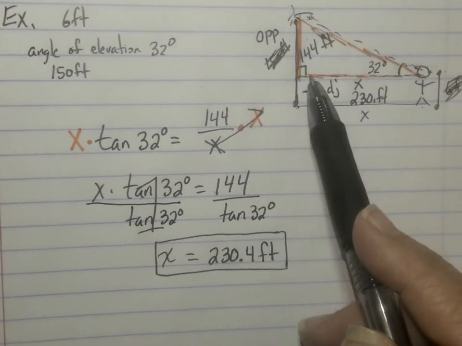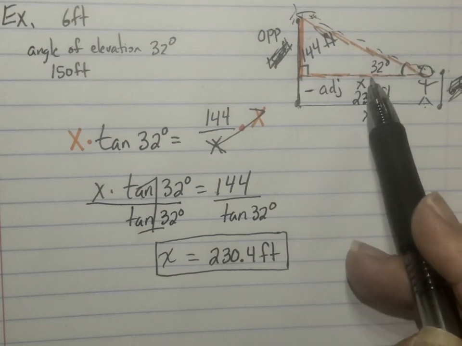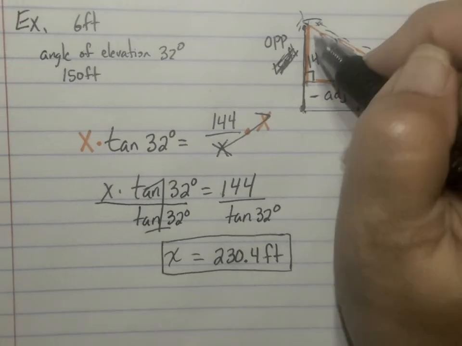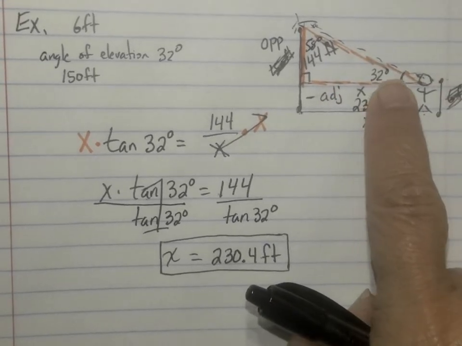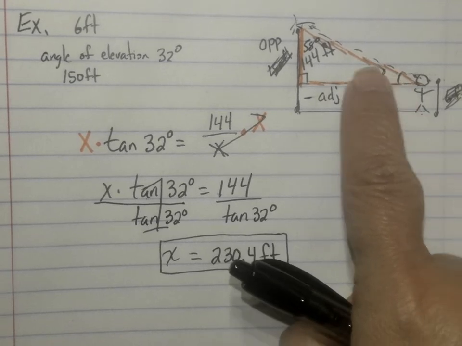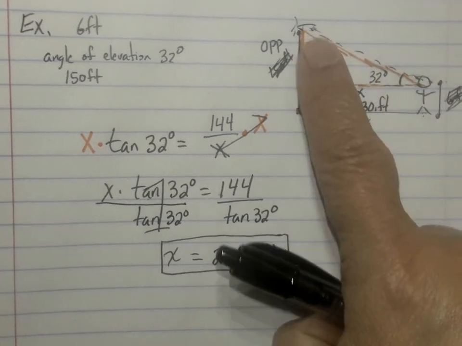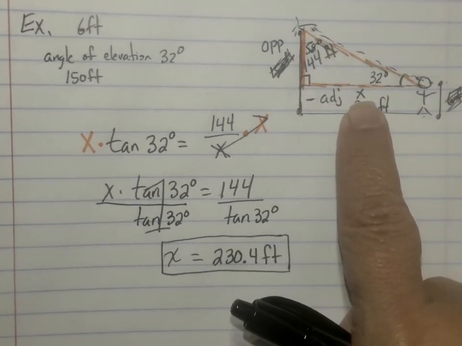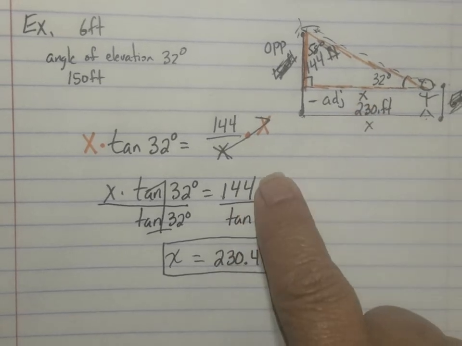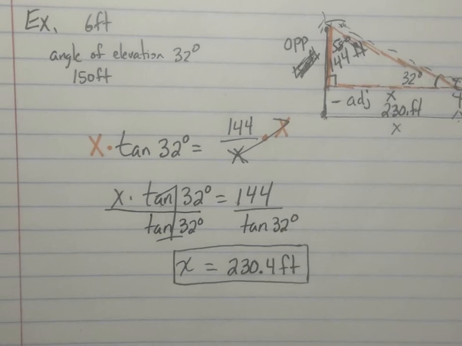You already got 90 there, right? 58. So the side across from 32 should be less than the side across from 58, right? So it does make sense that our answer is greater than 144, right? You just always want to check that your math makes sense.